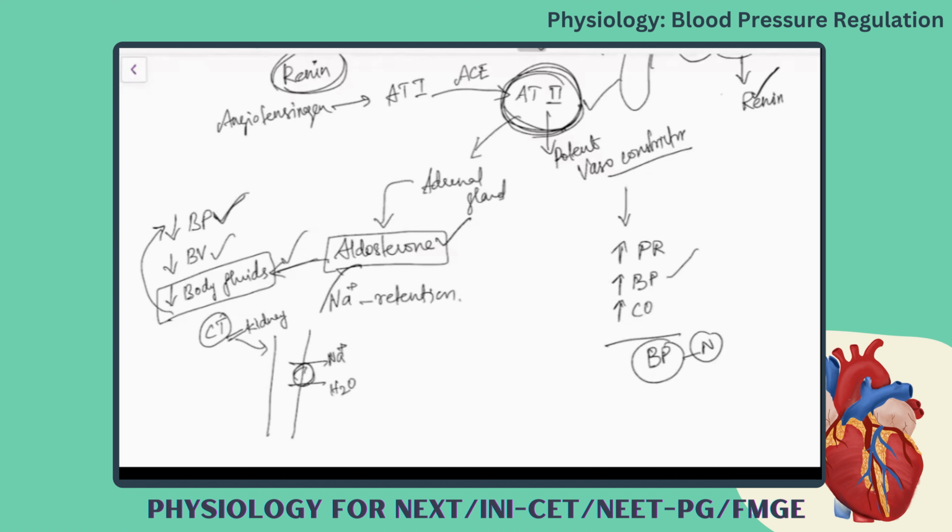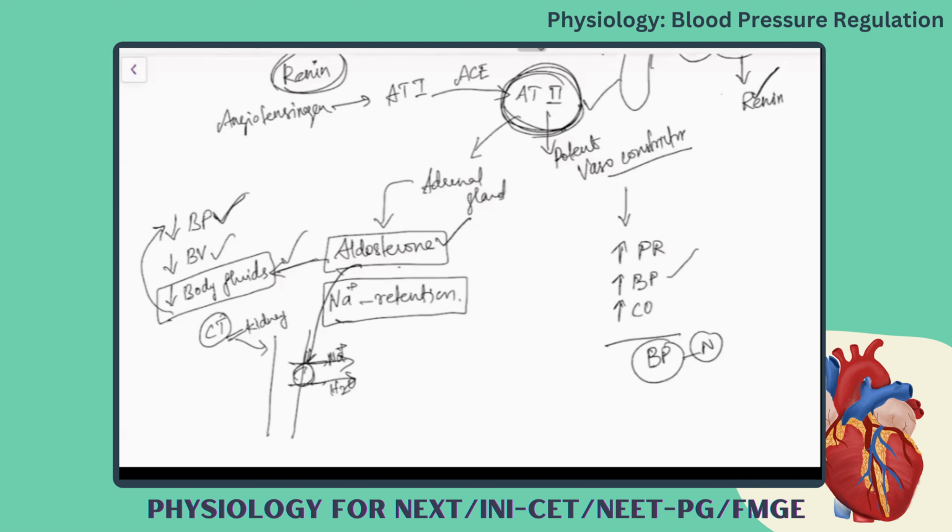So this aldosterone makes the water retention in the kidney, through retention of sodium. Once the sodium is retained and not excreted in the urine, because of the sodium co-transport mechanism, the sodium will also bring water along with it.